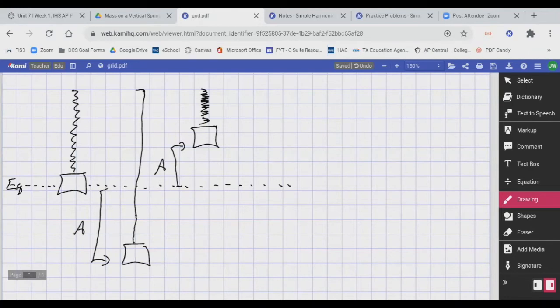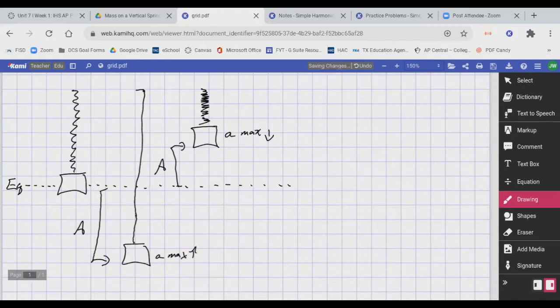Up here, when you're at the very top, we know that acceleration is maximum and it's pointed downwards because that's where the equilibrium is, right? And then on this first one, when I pulled it down here, acceleration is maximum and it's pointed upwards.